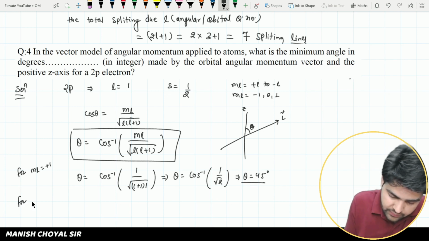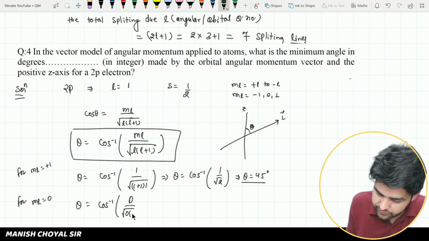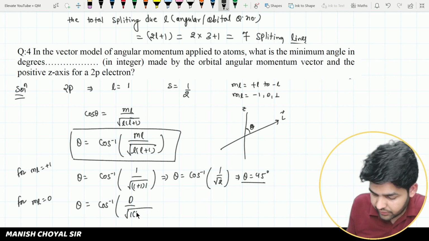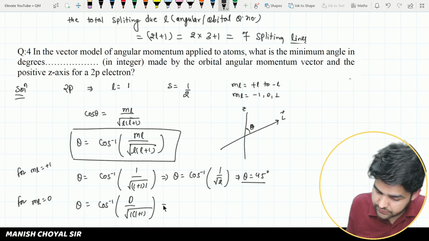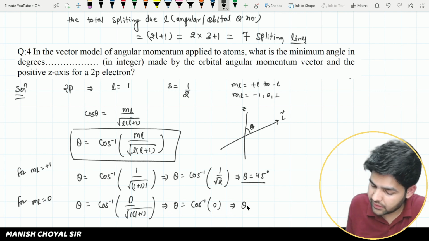For ML equals 0, theta will be cos inverse 0, so theta is 90 degrees.